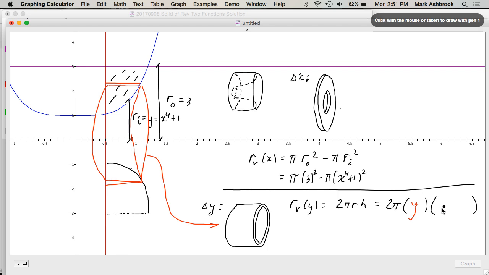Okay, but x and x to the fourth plus 1 are not the same thing. So we're going to start by just writing down x, because it's x for that blue curve, right? Minus the x of this, which is 0.5.